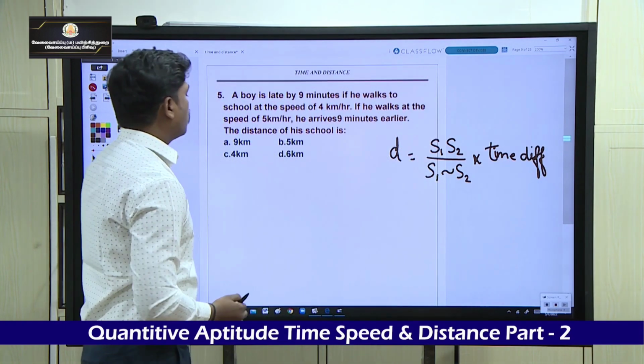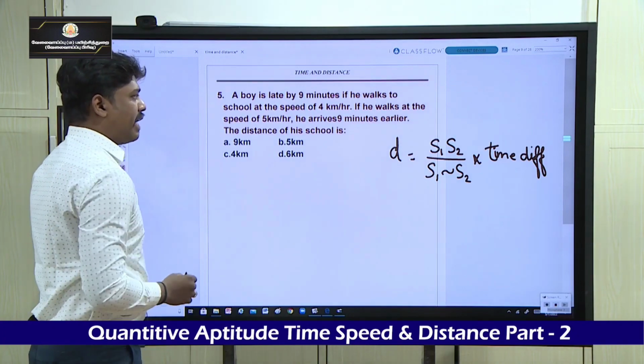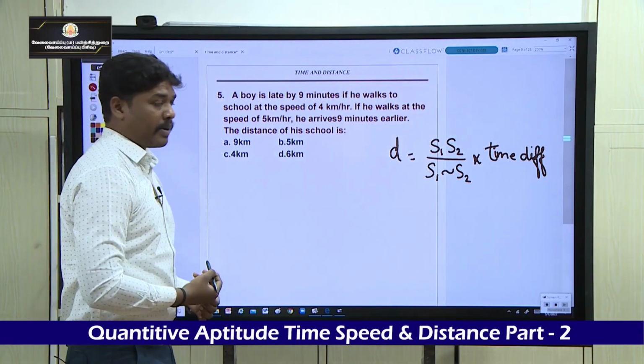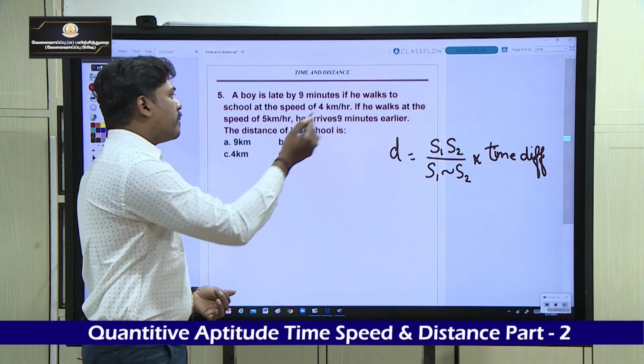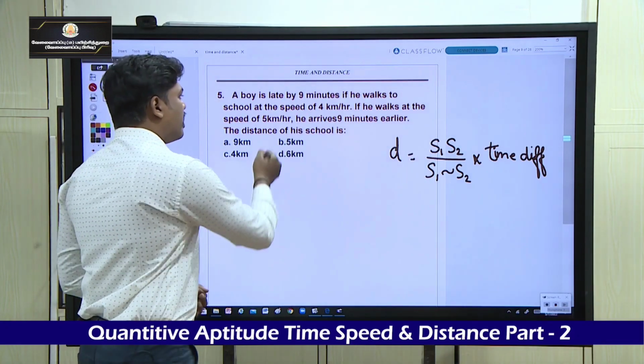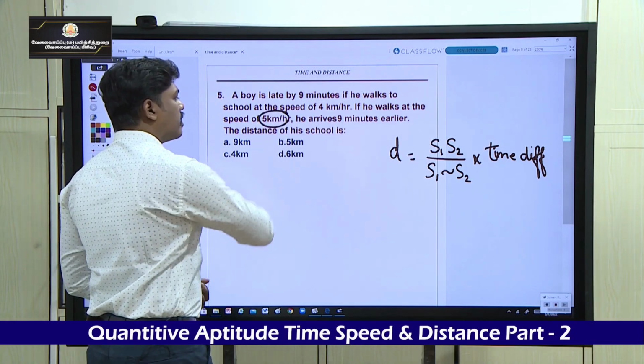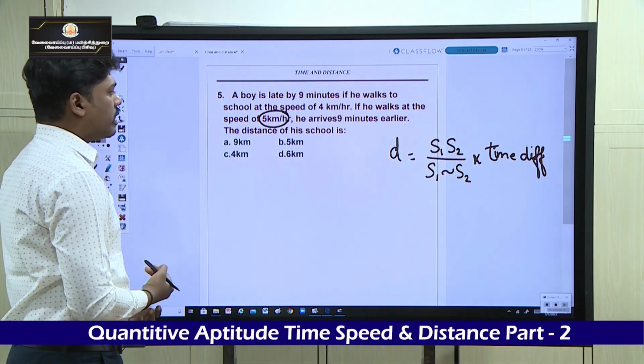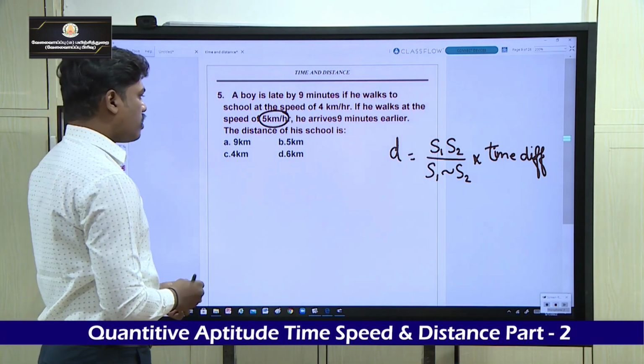Look at here, a boy is late by 9 minutes if he walks to school at a speed of 4 km per hour. If he walks at a speed of 5 km, which means he is increasing the speed, he arrives 9 minutes earlier. The distance of his school is what?